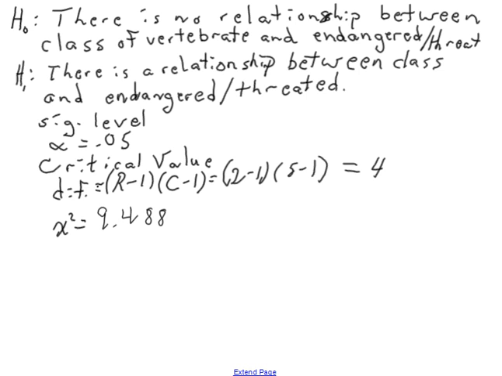So we've got our hypothesis statements, our critical value. Now it's a matter of calculating our test statistic. And again, that's a chi-square score.